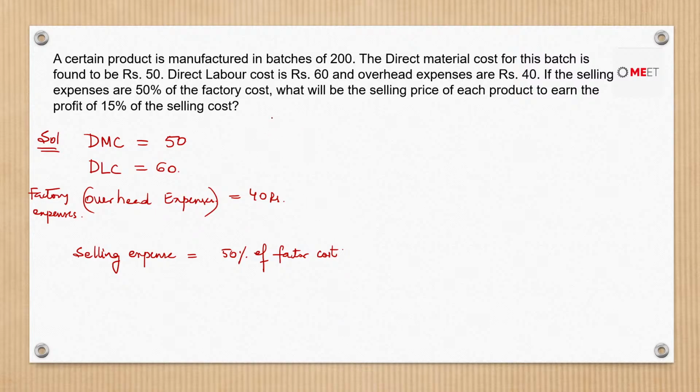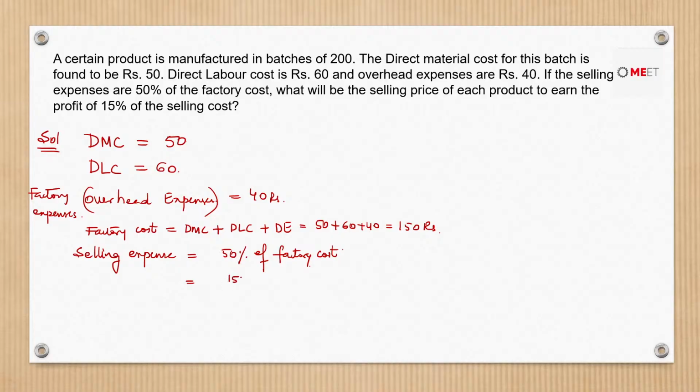So factory cost will be equal to the summation of direct material cost, direct labor cost, and direct or factory expenses, which is 50 plus 60 plus 40, that is equal to 150. Next, selling expenses are 50% of the factory cost, that is 150 into 50 by 100, which is equal to 75.